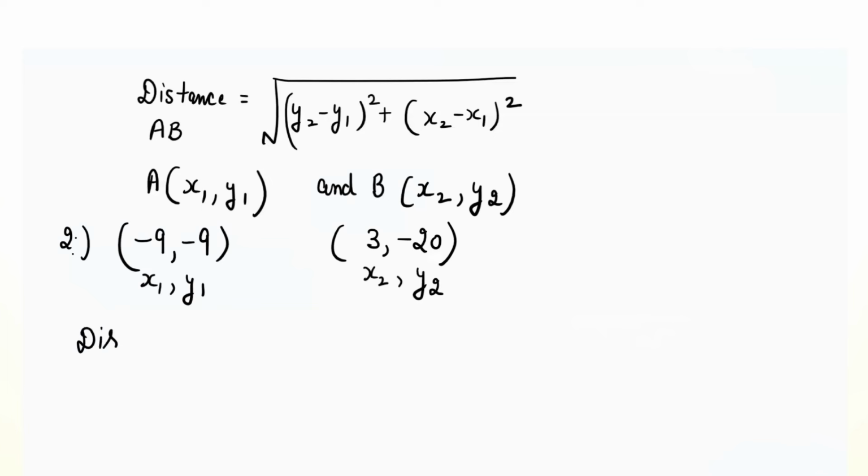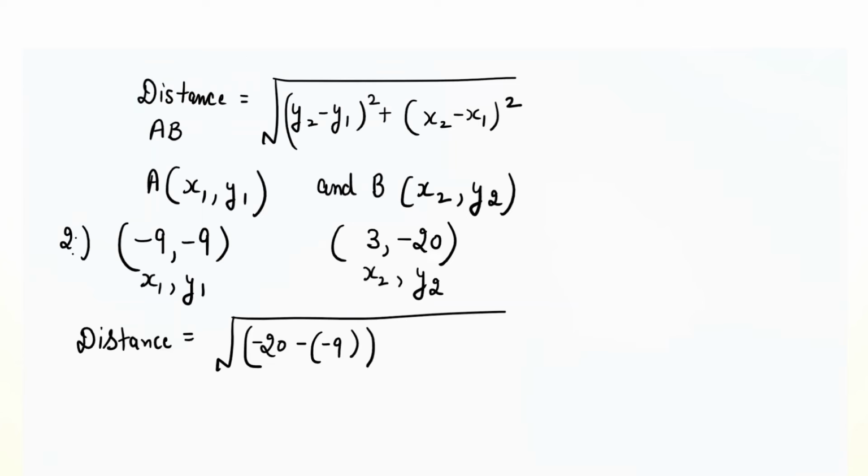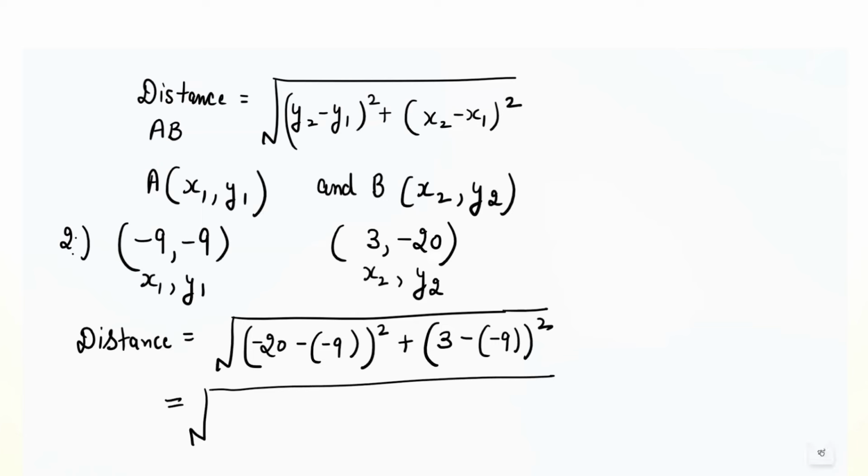Distance is equal to the square root of, the value of y2 is -20, the value of y1 is -9. We put the bracket, write the negative value inside it, and whole square, plus x2 is 3 minus x1, which is again negative. We write -9 inside the bracket and whole square.